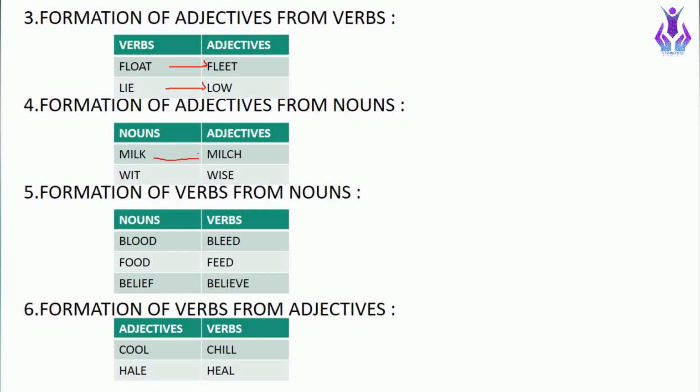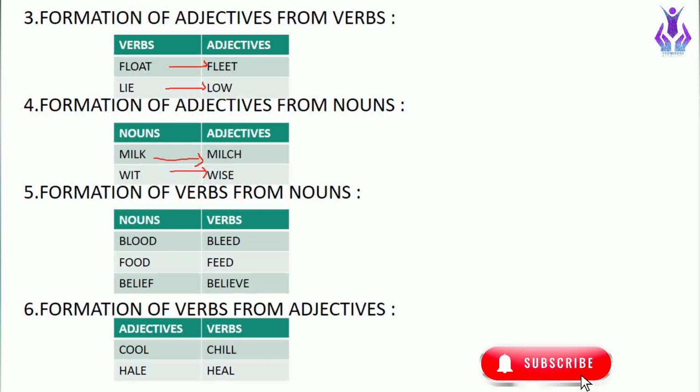Milk is the name of a thing, and it has its adjective milch. Milch denotes a domestic animal, such as a cow, that provides us milk. So we call those domestic animals milch. The next is wit, and from wit we made wise.